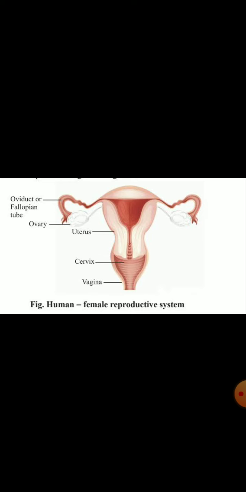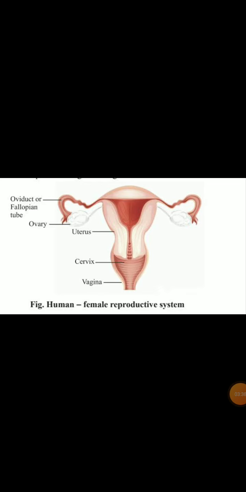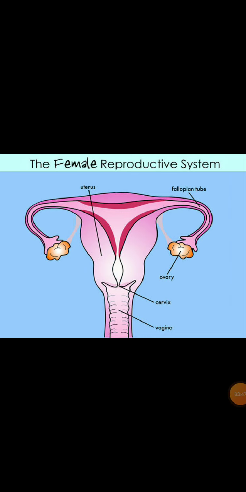Every month one egg is produced by one of the ovaries, and remember that ovaries take turns to produce the egg. So both the ovaries produce an egg turn by turn every month.